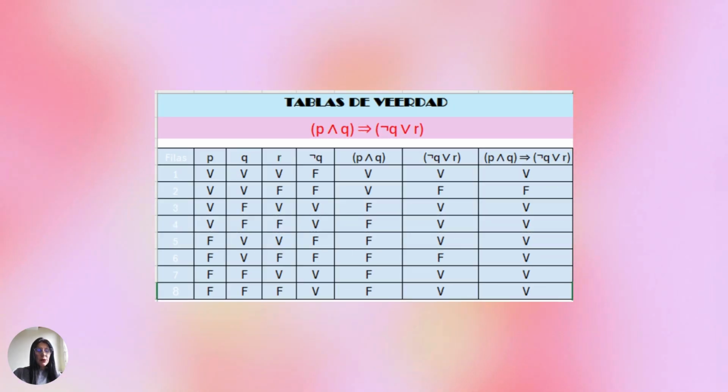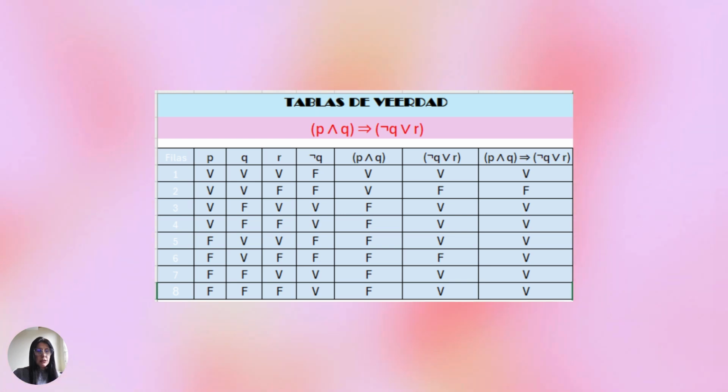Here we are going to be focused on truth tables that have different letters. In this case, we can find P, Q, and R. That's the reason we have three columns here.